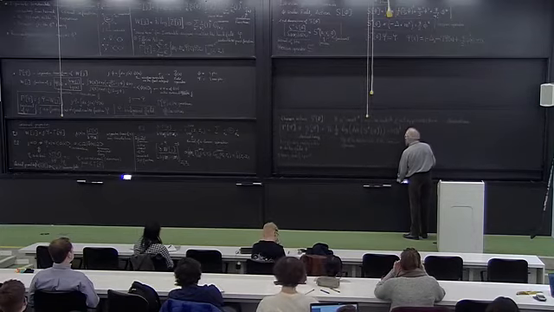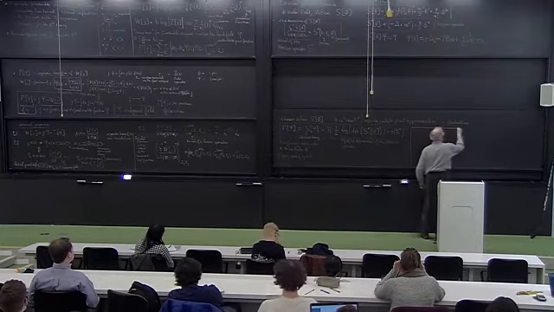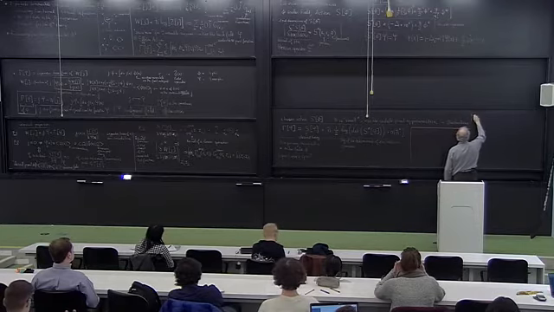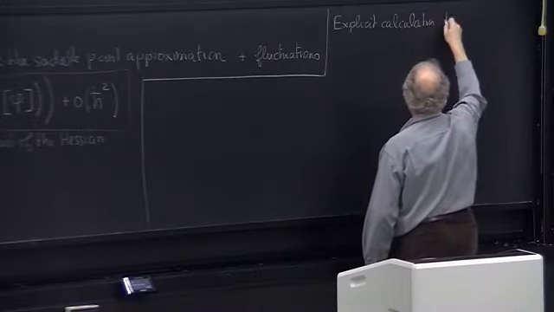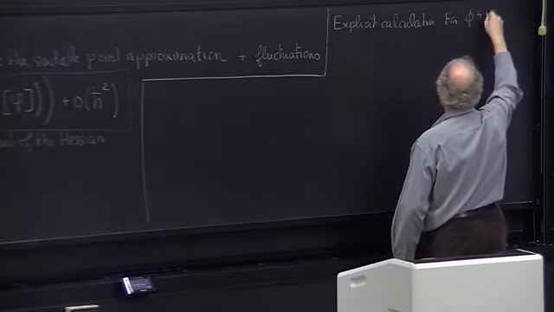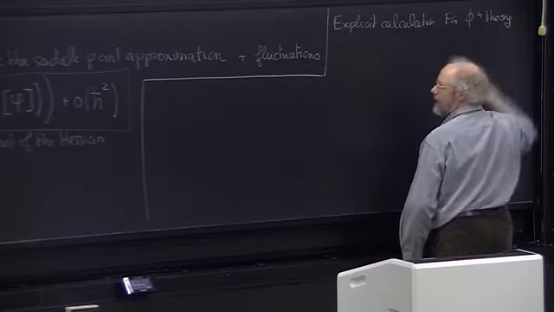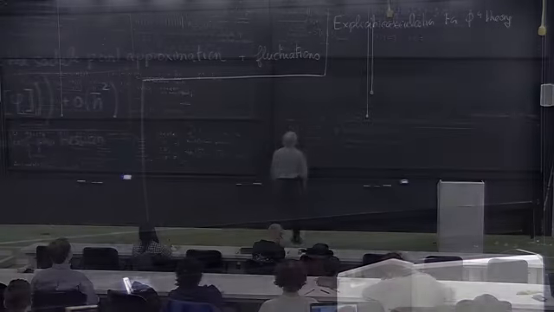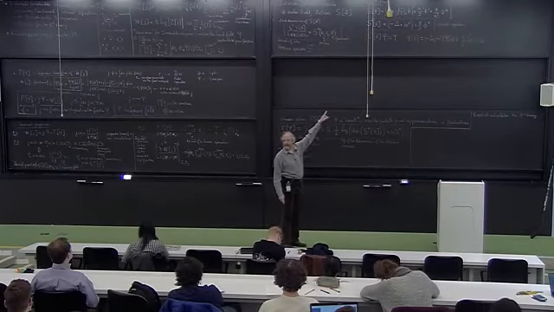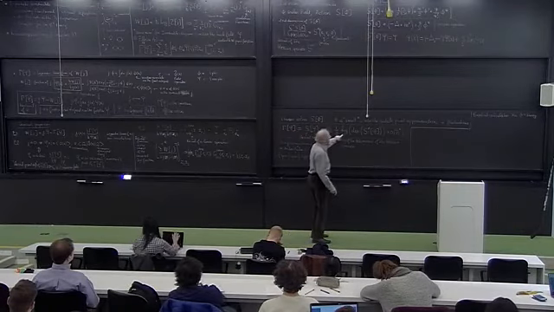So let's see what is the consequence for the explicit calculation for the phi-4 theory. Okay, so for the phi-4 theory, the classical action is known. It has been written there. So what is the second term? What does this second term correspond to? Okay.